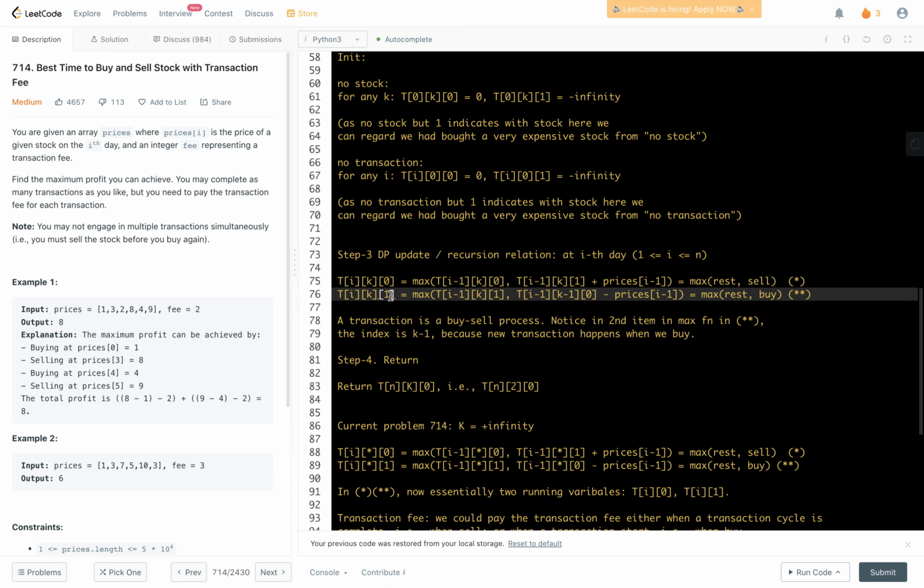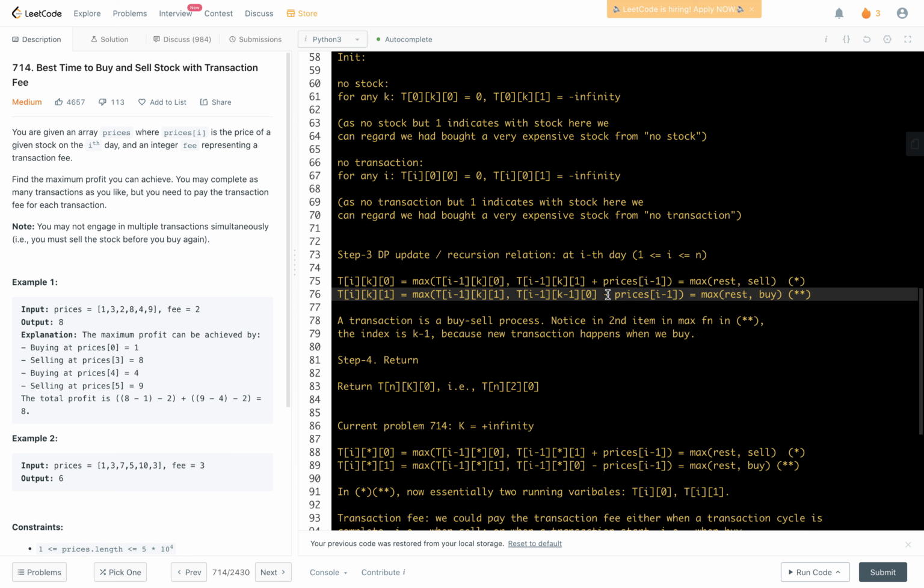And now let's look at equation double star. That's the maximum profit at the end of the I state with stock at hand. So there are again 2 possibilities. First, at the end of I-1 day, we hold stock, and then at the current day I, we choose to rest. So this is the first item. The second item is that we do not hold stock at the end of I-1 day. So we can try to buy a stock at this I state.